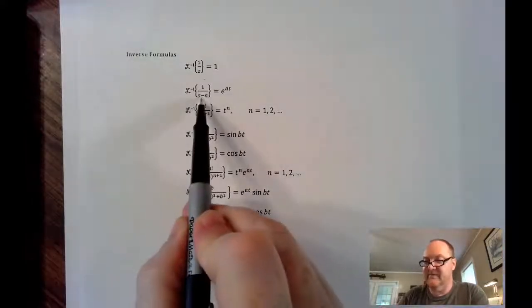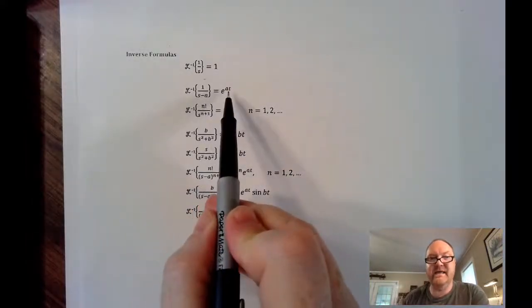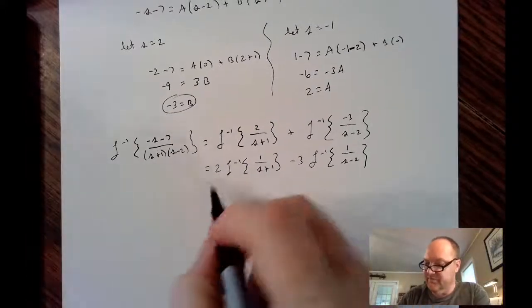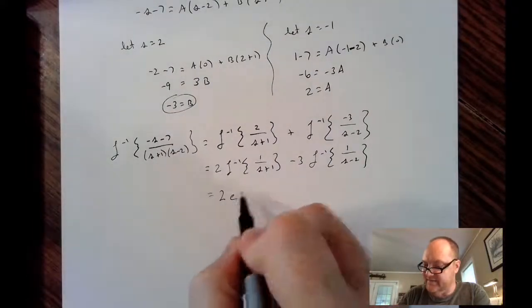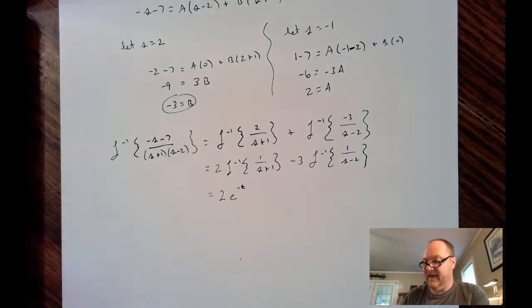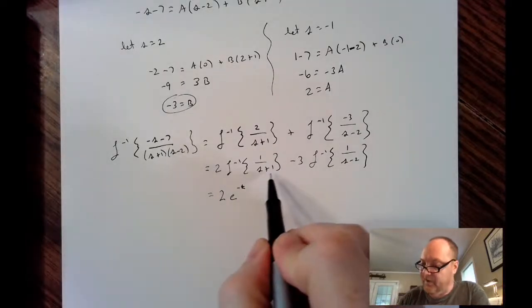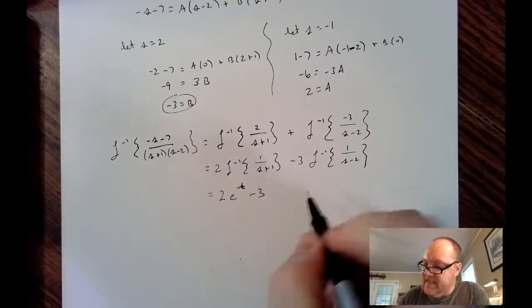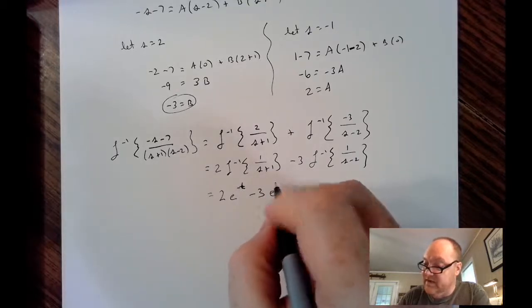That's a really easy case, and 1 over s minus a ends up being e to the at power. So this is 2e to the negative 1t power. The negative came from s minus a, minus plus, so we've done that enough. And then negative 3 e to the 2t power.